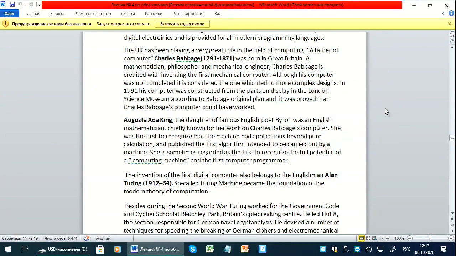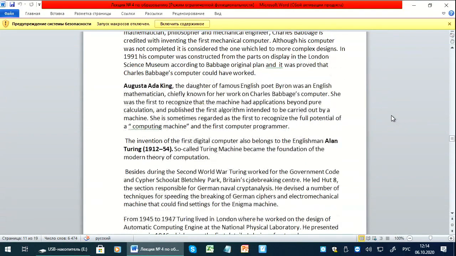He led Hut 8, the section responsible for German naval cryptanalysis. He devised a number of techniques for speeding the breaking of German ciphers, and the electromechanical machine that could find settings for the so-called Enigma machine.